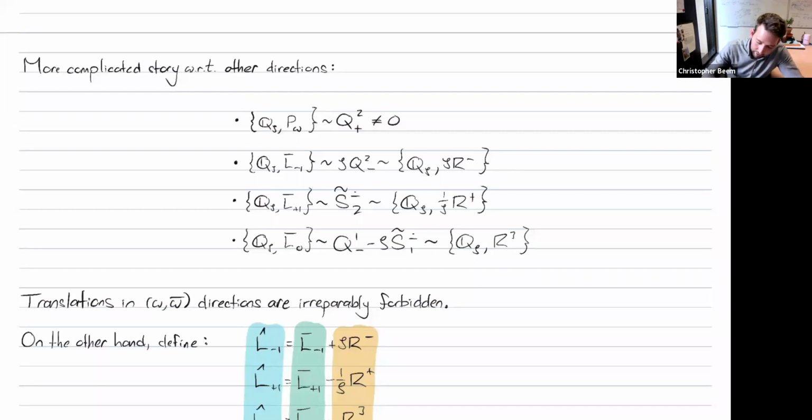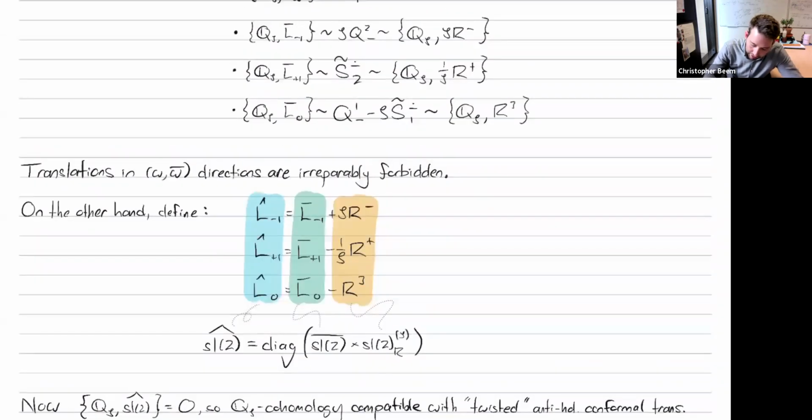On the other hand, the anti-holomorphic transformations can be compensated by taking a combination of those with internal R charges. So you can define a twisted SL2, which is a diagonal subalgebra of the anti-holomorphic SL2 and SL2R, where if you've included this factor of zeta, it appears in a funny way in your definition of the SL2R.